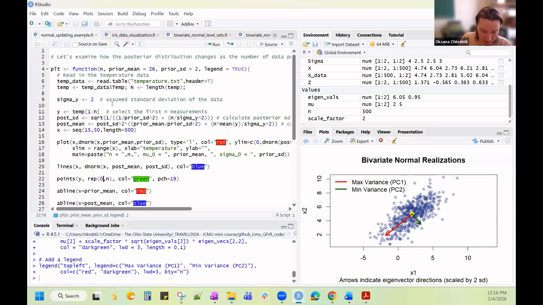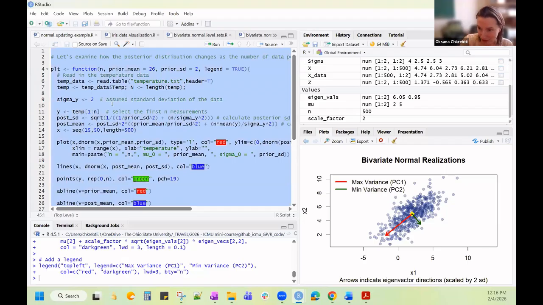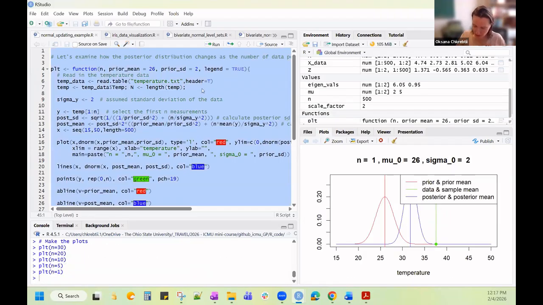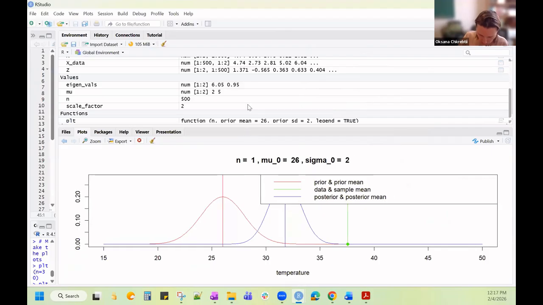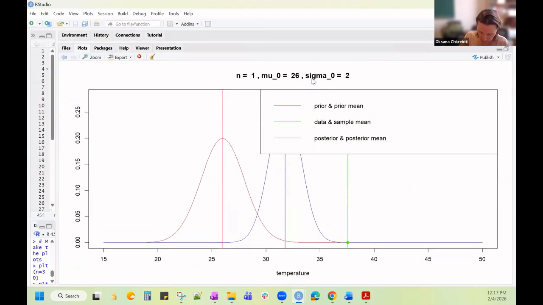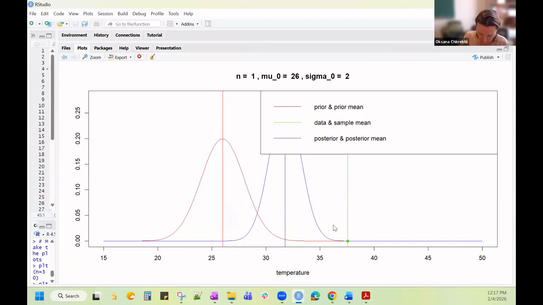All right, I have posted some temperature data, which is approximately normal. And we're going to look at this in the univariate case only. We're not going to look at the multivariate normal distribution here, just to be able to visualize this a little bit better.